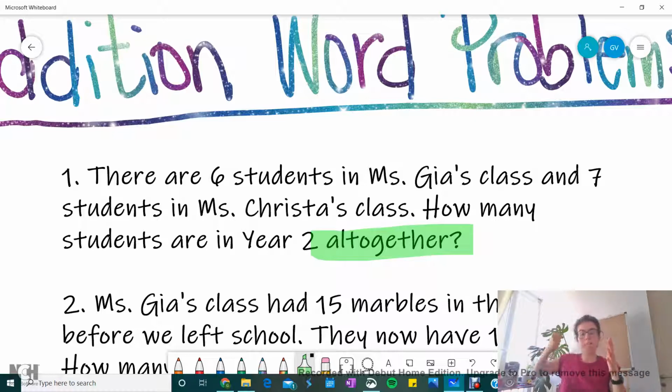And we're not eliminating people from the group. We are putting everyone in the same group. So we have Miss Gia's class and we have Miss Krista's class. And we want to combine or put them all together so they are one big group. We need to add to see how many people will be in this group.